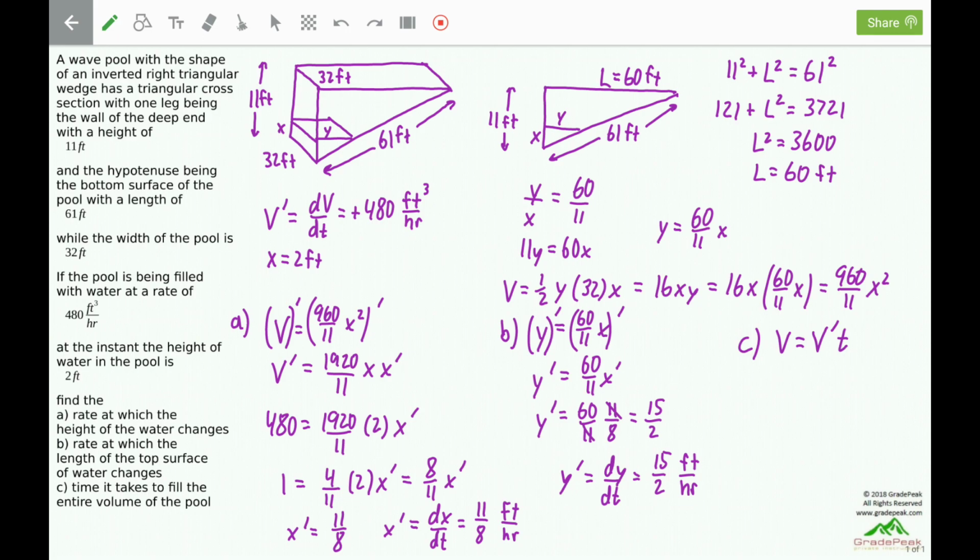The volume of the pool is a triangular wedge, so it'll be a 1/2 times the length, which we found to be 60, times the height, which is 11, times the width, which is 32. And this equals the v prime, which is 480 times t.